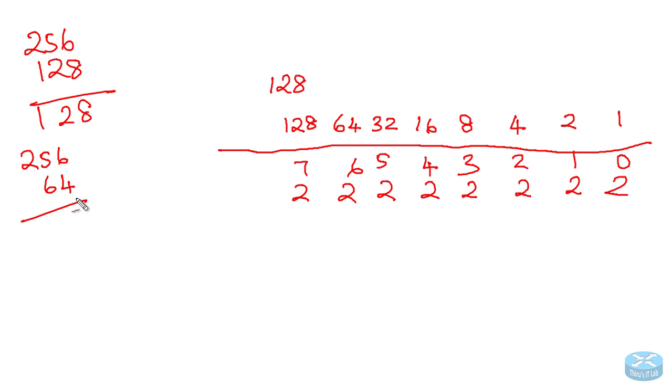What is 256 minus 64? Which is 192. And then the other one, 256 minus 32, that's 224.